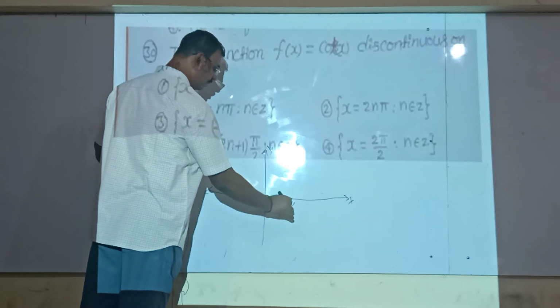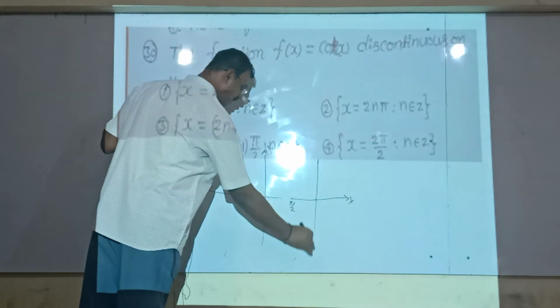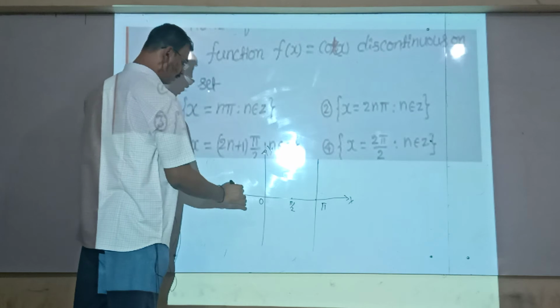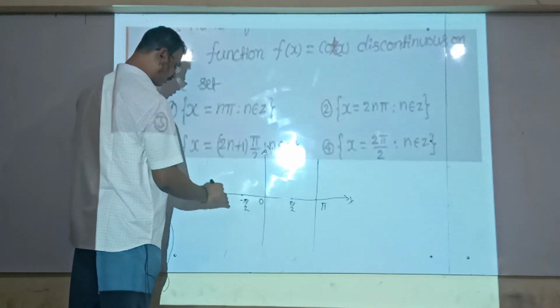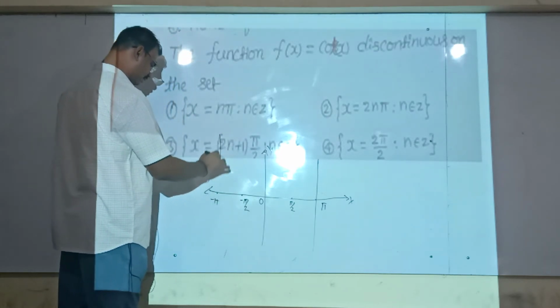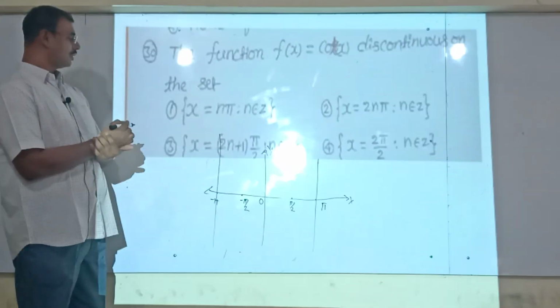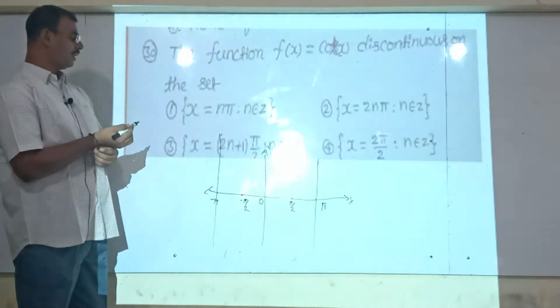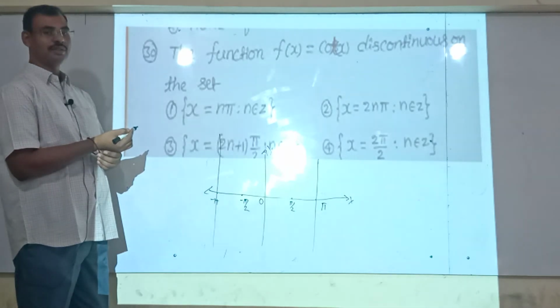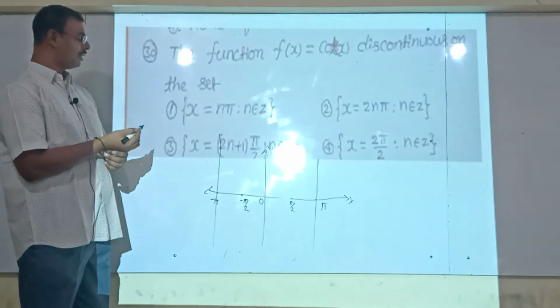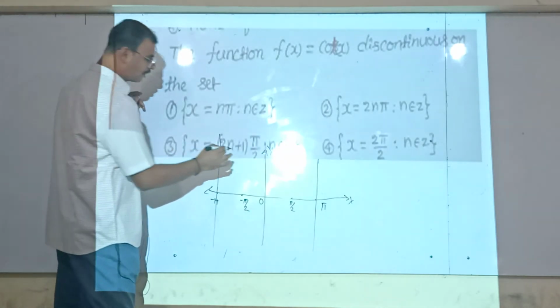Let us take 0, pi by 2, pi, minus pi by 2, minus pi. So what is the cot 90? Cot 90 is 0. Correct? Cot 0 undefined. Cot 180 undefined. So the graph is like this.